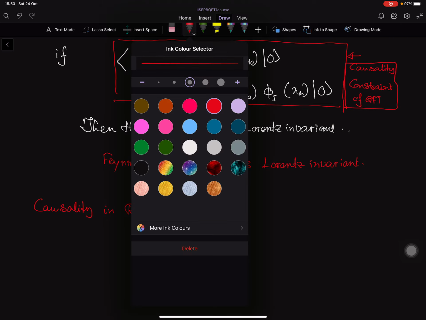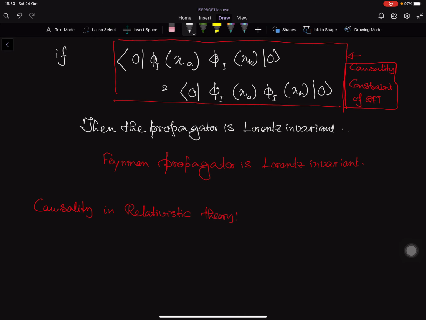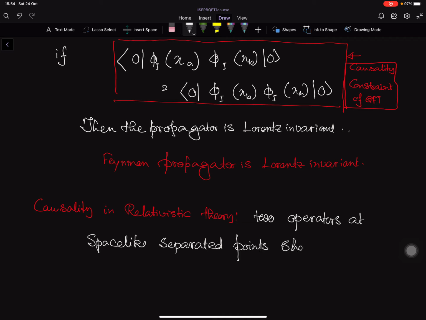The causality constraint in relativistic theory says that two operators at space-like separated points should commute.